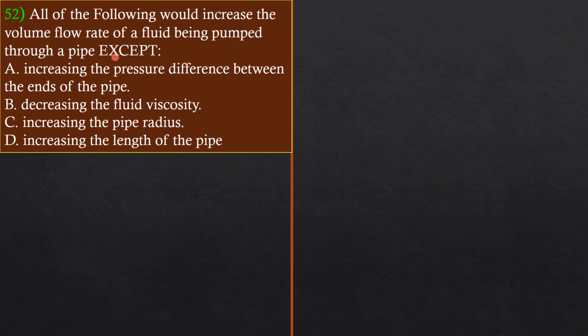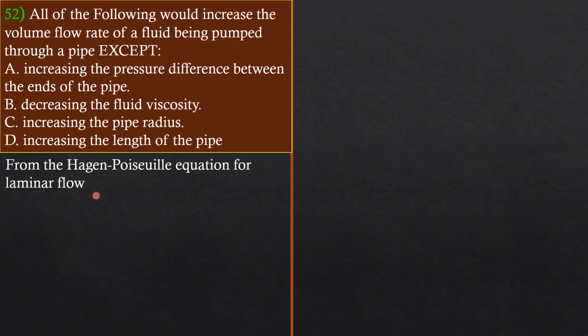So all we have to do in this case is simply to recall that the flow rate according to Hagen-Poiseuille's equation is related to the radius, the change in pressure, the coefficient of viscosity, and the length of the pipe by the equation Q equals pi r to the power 4 times the change in pressure, over 4 times the coefficient of viscosity times L.